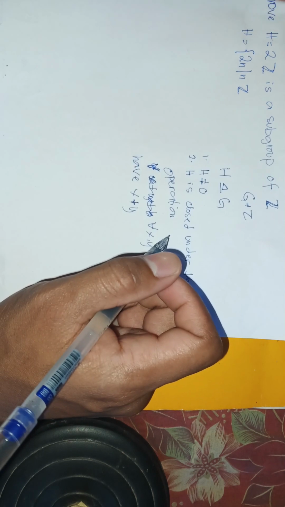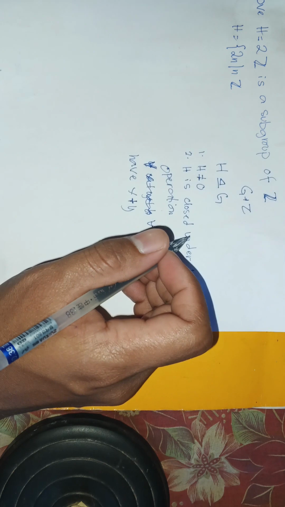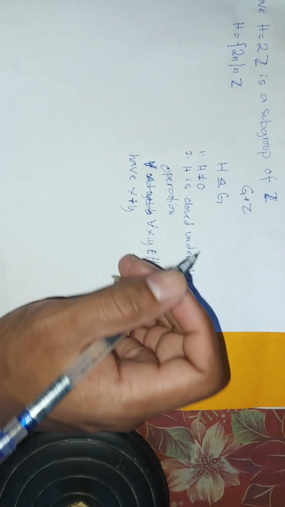The third is that H is closed under inverses. So what does that mean?